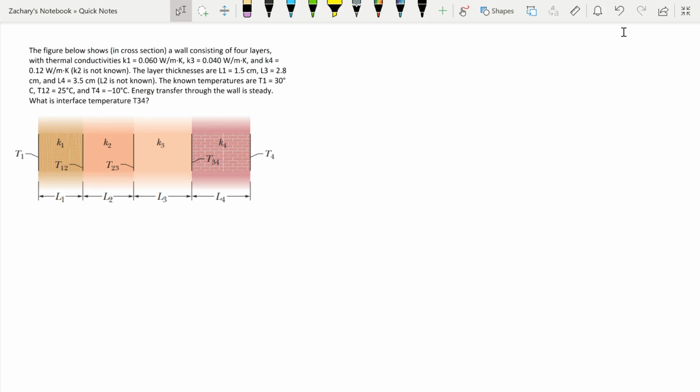We have a wall with 4 layers, and it gives us some of the thermal conductivities, which you might not know, but I'll explain later. It also gives us some of the layer thicknesses and the temperatures. It tells us that the energy transfer through the wall is steady, and asks what the interface temperature T34 is between the third and fourth layers.